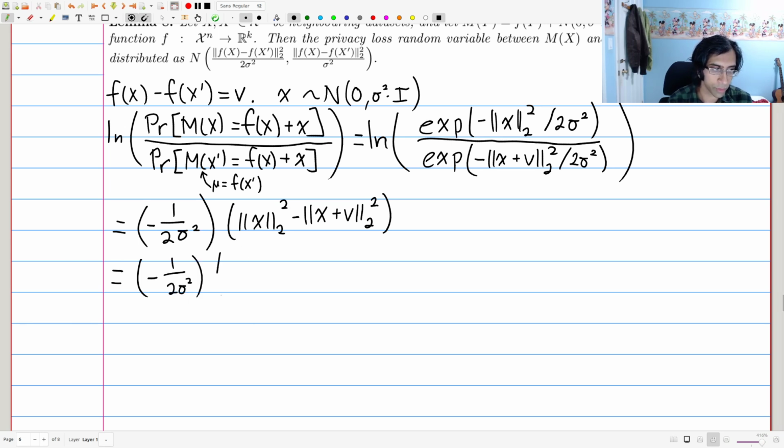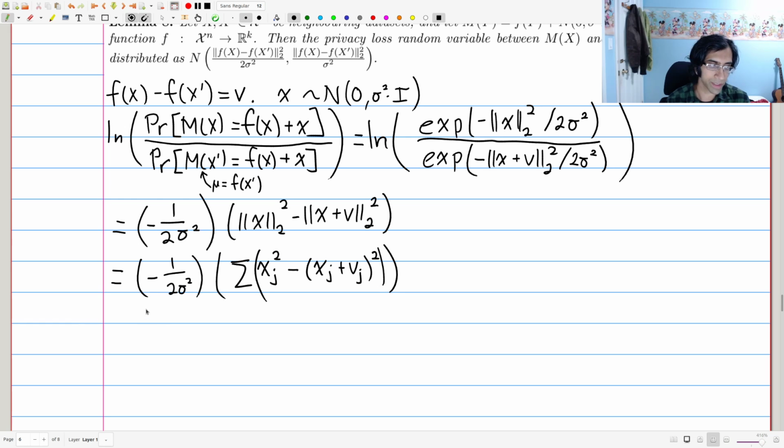Recall that the L2 norm of a vector can just be written as follows. (xj + vj) squared, this is the first thing, and then minus xj plus vj squared. So this whole thing is sort of in parentheses. Okay, so this is just expanding out what the definition of the L2 norm is, and since it's squared especially.